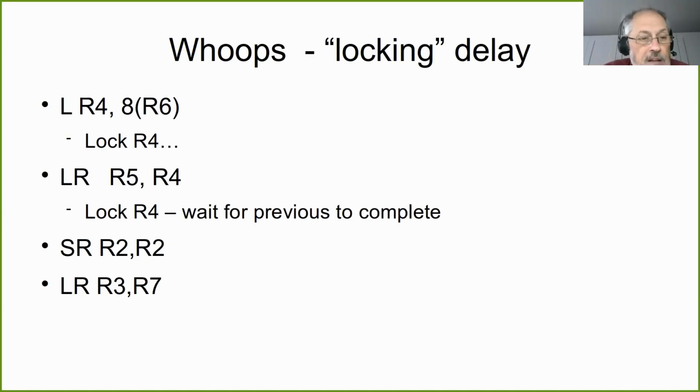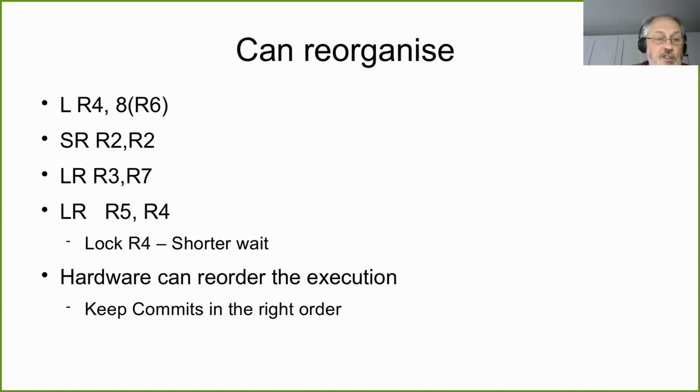So this has to wait until the first instruction is finished. You can rearrange this code to move the subtract register and the other load register above that. So by the time these two are finished, the load register using register 4 may have finished. So just by reorganizing the code, you can make it go faster.